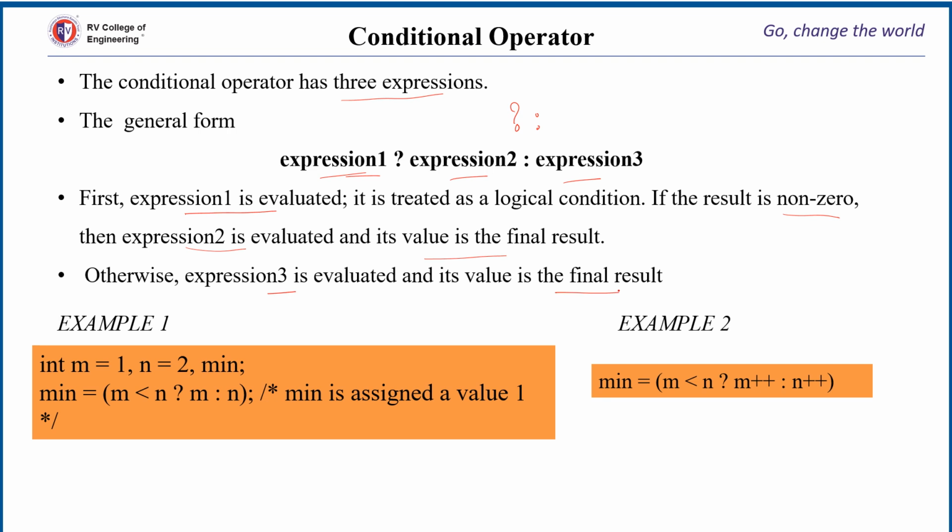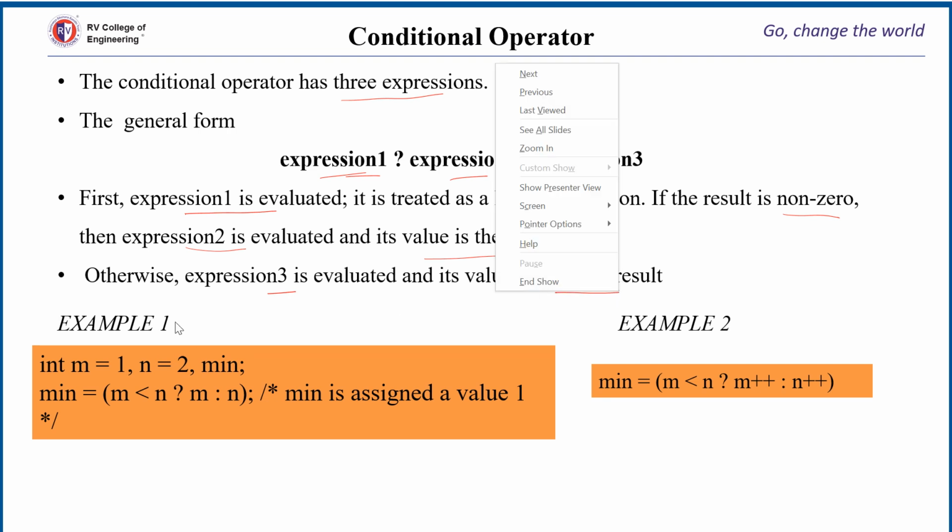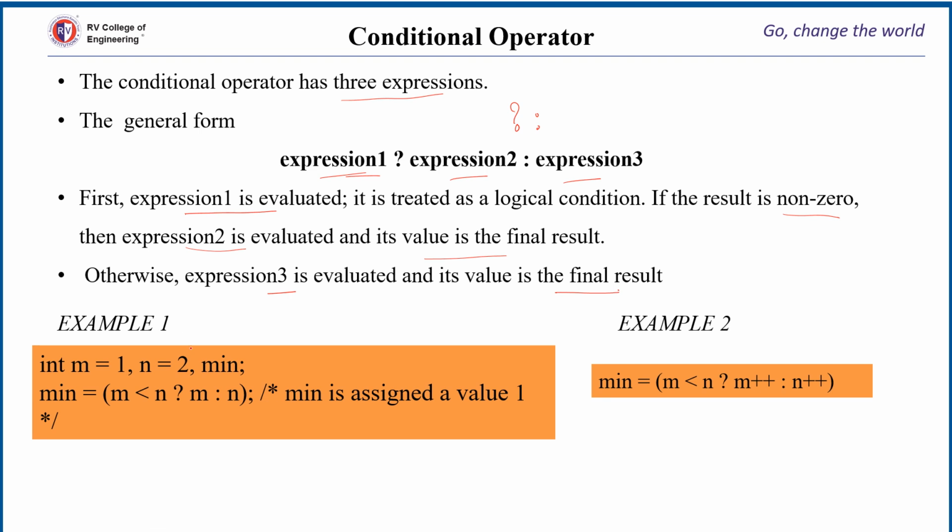expression 3 is evaluated and that becomes your final result. For example, I have m is equal to 1 and n is equal to 2. I have one more variable, minimum, which I keep as my left hand side. I first check the first expression, m is less than n, that is 1 is less than 2. Condition is true, so m will be the final result.